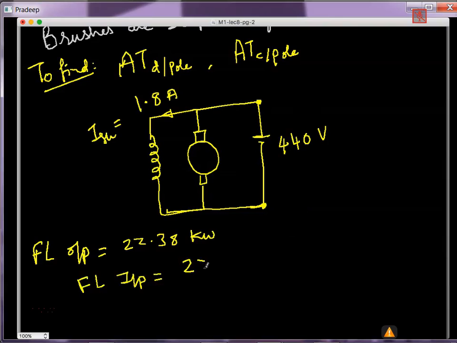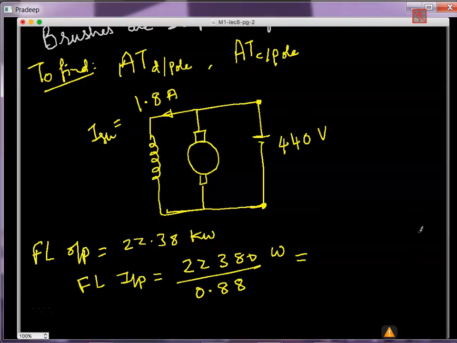That will be 22,380 watts divided by 0.88, because the full load efficiency is 0.88. So if I do this calculation, then I will get the full load input of the machine. So let me write that: 22,380 divided by 0.88.